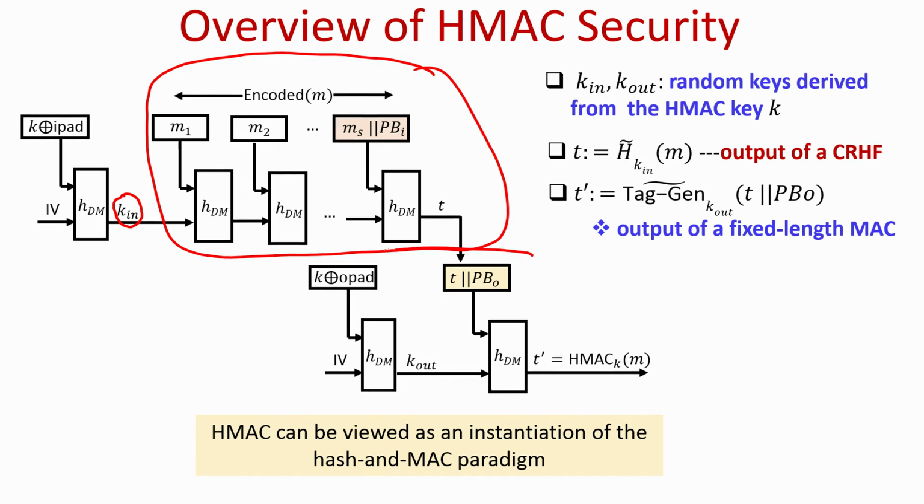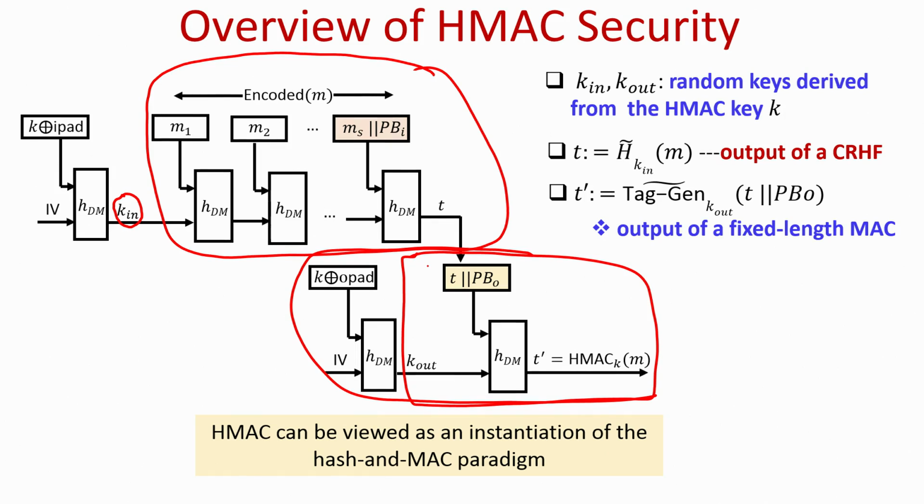And the actual message authentication code is a keyed invocation of the Davis-Meyer function on the output that we obtain from the hashing stage. Again, in the ideal cipher model we can prove that this instantiation of the Davis-Meyer function, where the key K out is computationally indistinguishable from a uniformly random key, gives you a message authentication code which cannot be forged.